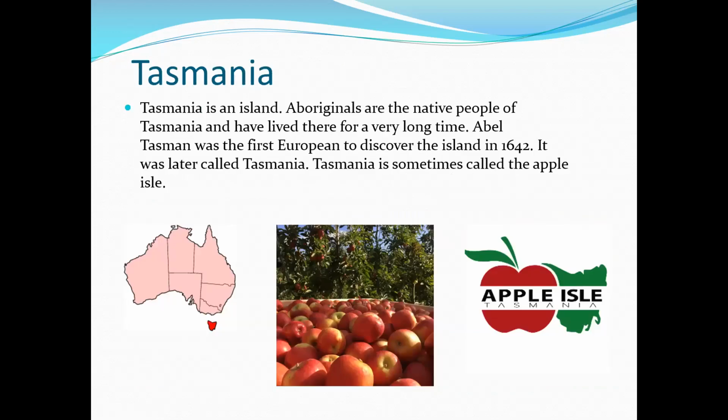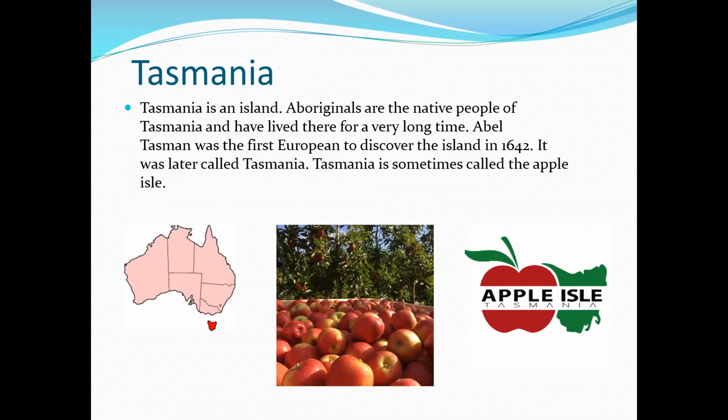Tasmania. Tasmania is an island. Aboriginals are the native people of Tasmania and have lived there for a very long time. Abel Tasman was the first European to discover the land in 1642.